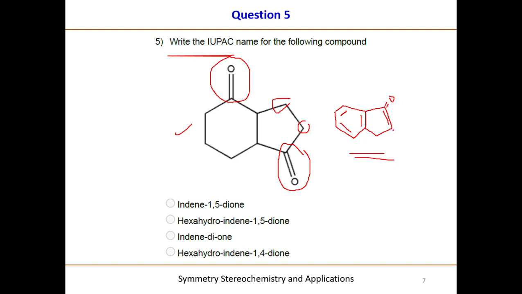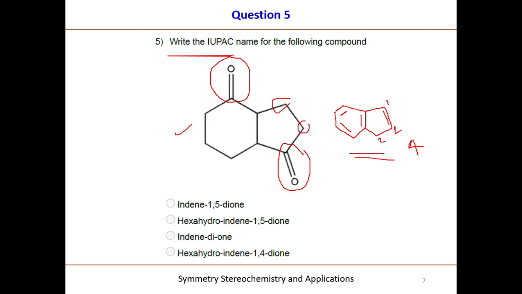If we compare with indane, here we have two hydrogens. In indane we have 4 in the 5-member ring. I will show here, it will become easy to count. Here we have one proton, second two protons, and here two protons, right? That means total 4 protons in the 5-member ring.